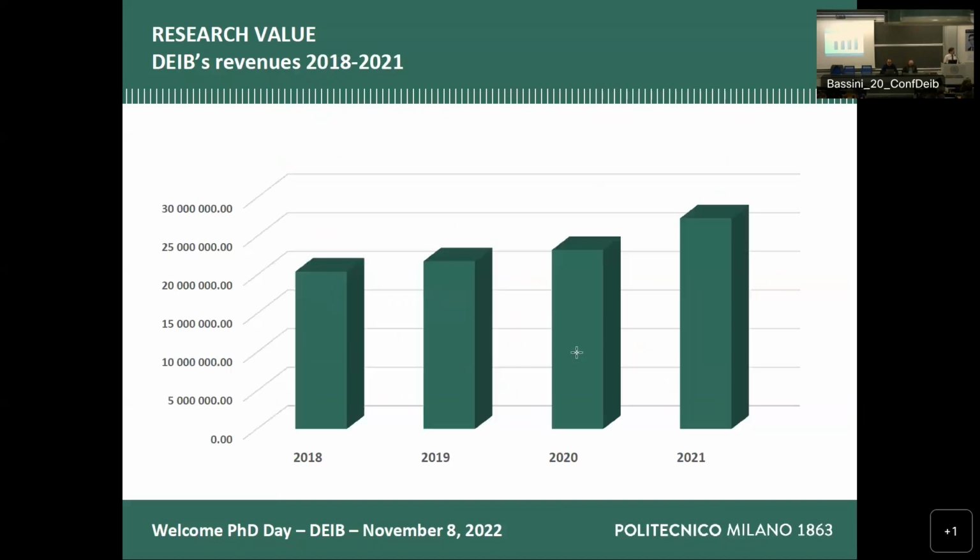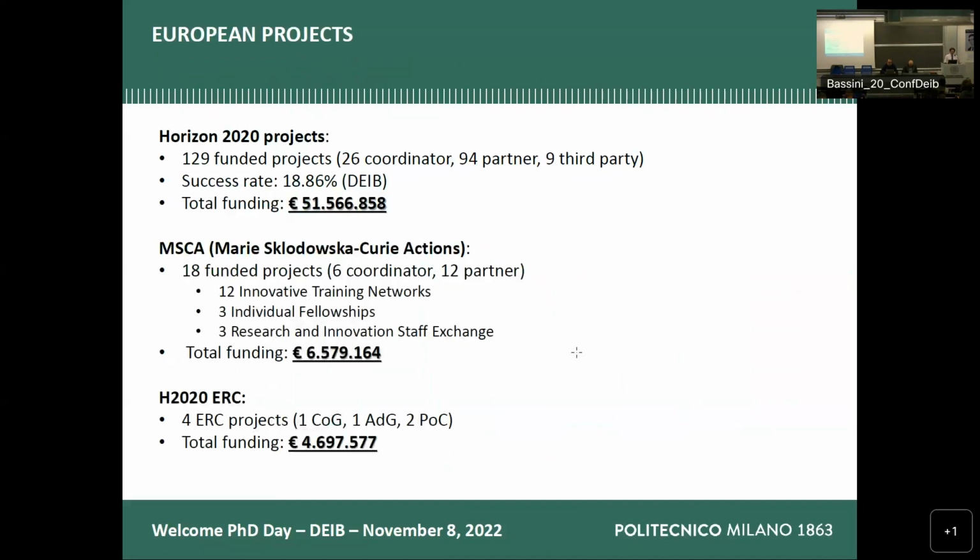This is a slide where you can see these revenues from 2018 to 2021, and as you can see, the revenues are higher and increasing during these last 4 years. So we are involved in several projects, and especially we have a lot of projects related to the European Commission.